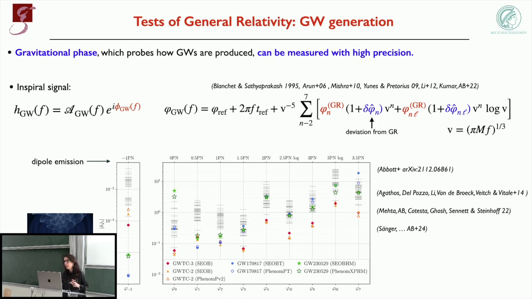Because there are some alternative theories to general relativity, like scalar-Gauss-Bonnet, for people here familiar with that, that predict a scalarization not of neutron stars but of black holes. Okay, any question about the tests of GR? There are many more, but I just focus on these two. No questions? Okay, let's move forward.